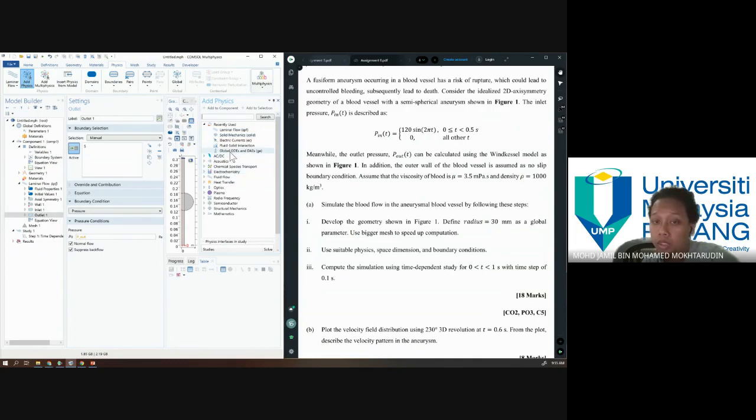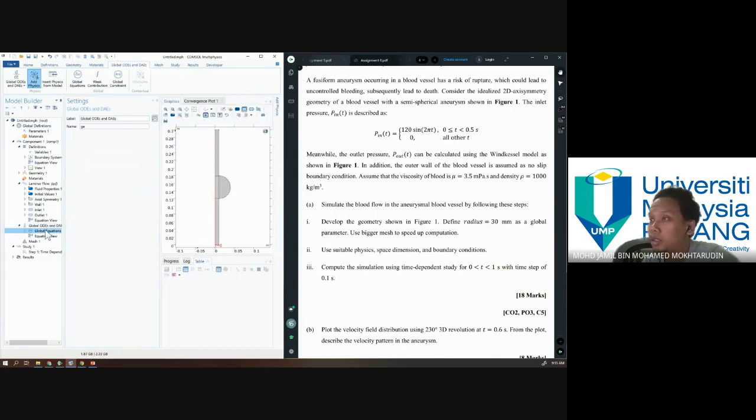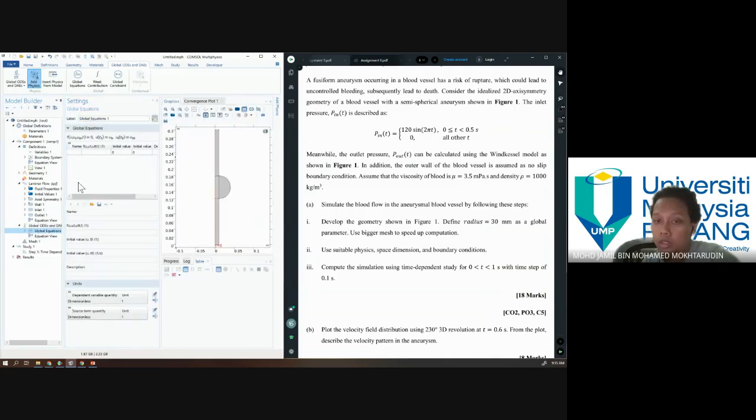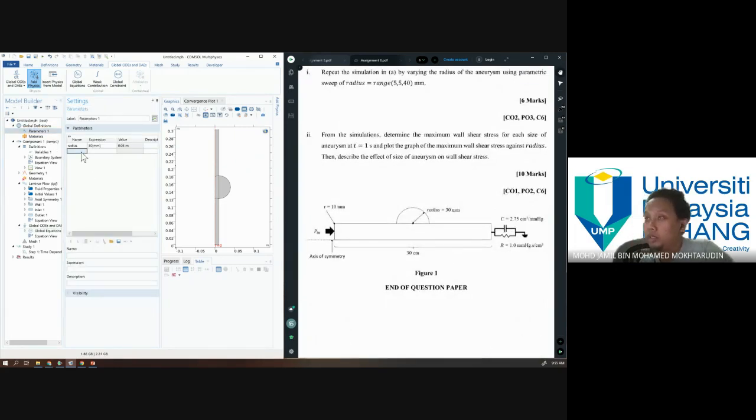global ODE and DAE. And then here in the global equation, you just follow the one in the slide, okay? It should be the same. So firstly, you need to define C and R. So in the parameters, C equals 2.75 cm cubed per mmHg.